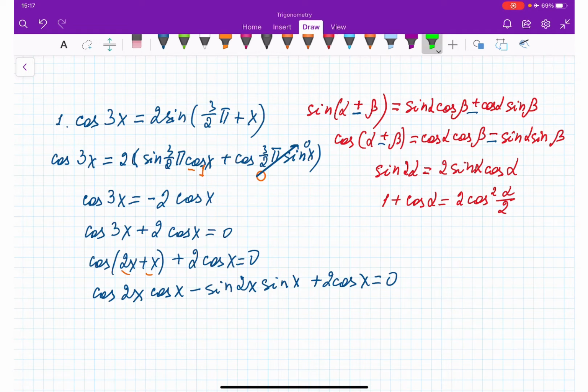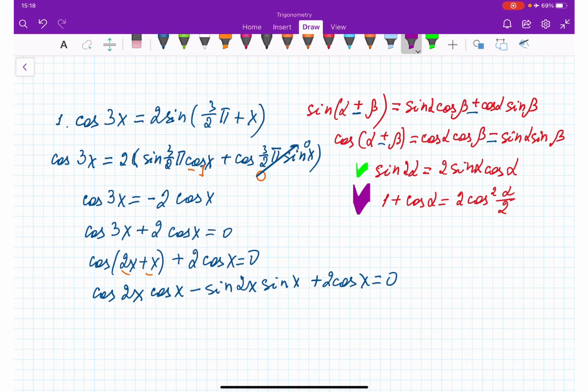This one is the formula for the double angle, sine 2 alpha. Also there is a formula for cosine 2 alpha, the double angle. And this one is the formula for half of the angle, 2 cosine squared of alpha over 2.